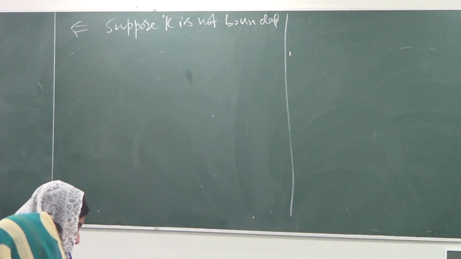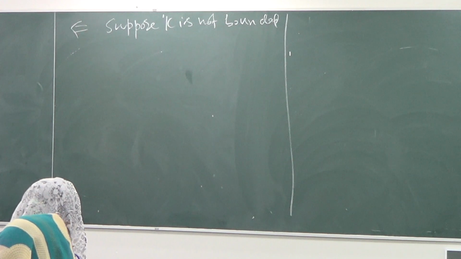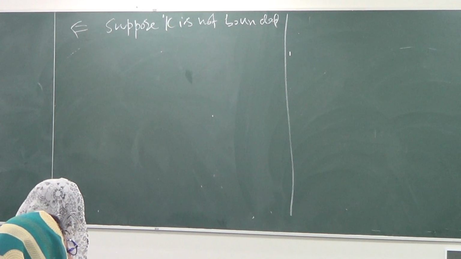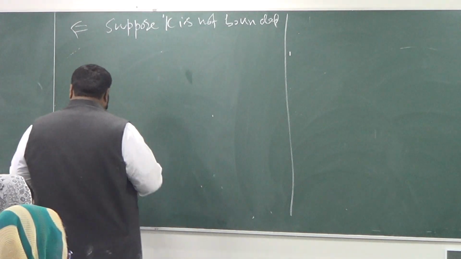In other words, give me any number, I'll give you an element in K which is going to cross that number, which is going to be bigger than that number.